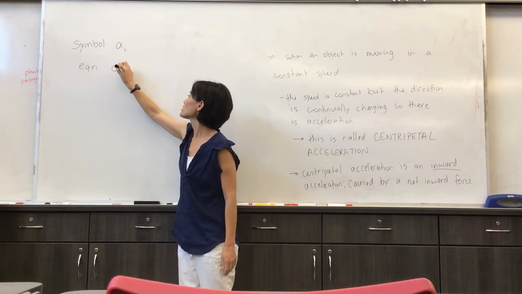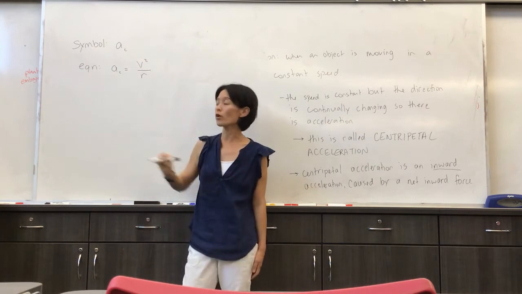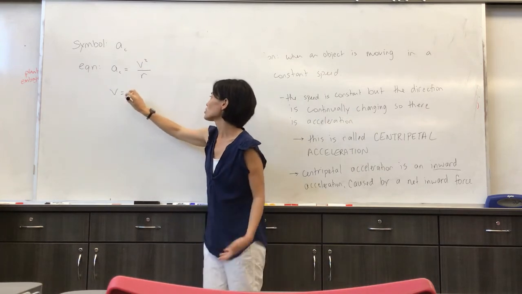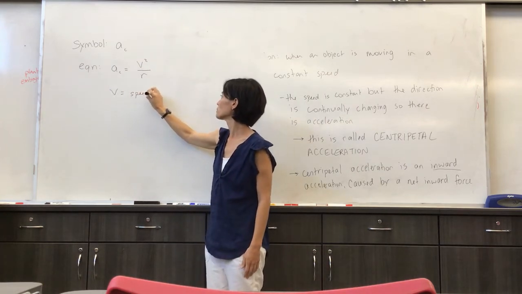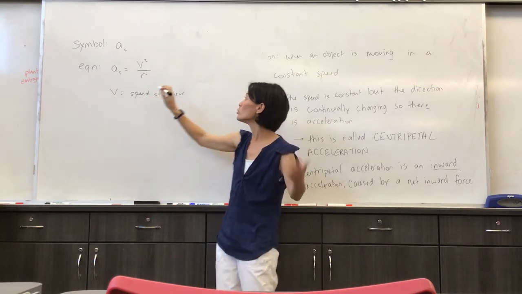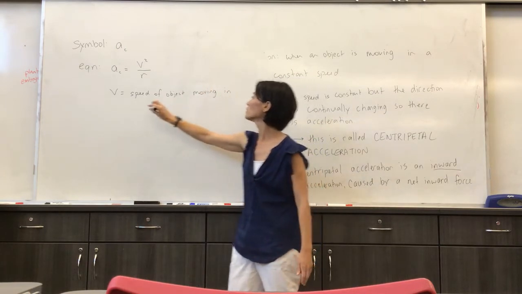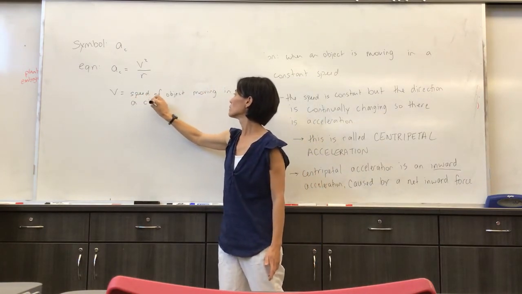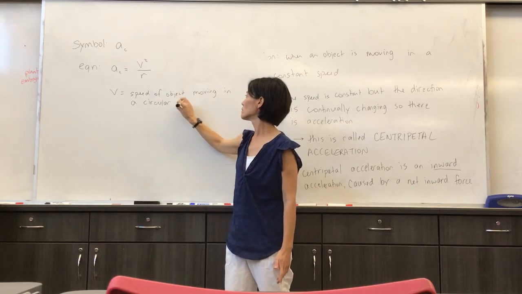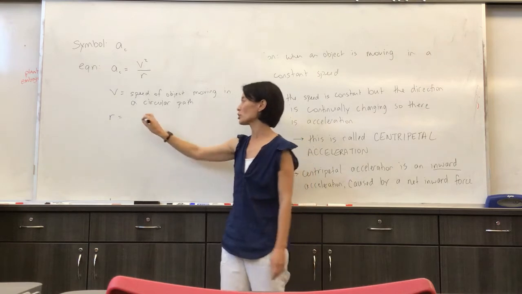Centripetal acceleration is equal to v squared over r, where v is just the speed of the object, and it has to be moving in a circular path, and r is the radius of the circular path.